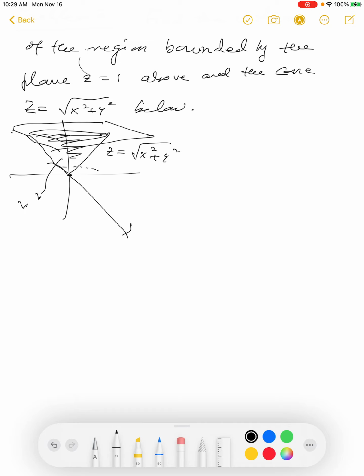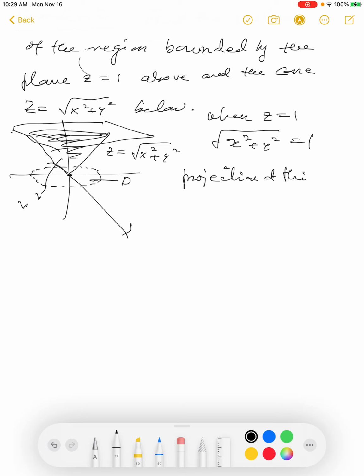So what you need is the projection of this region on the xy plane. That's your D. So you see, when z is 1, your root of x square plus y square is 1, and that means the projection of this region on the xy plane is just the disk with radius 1.